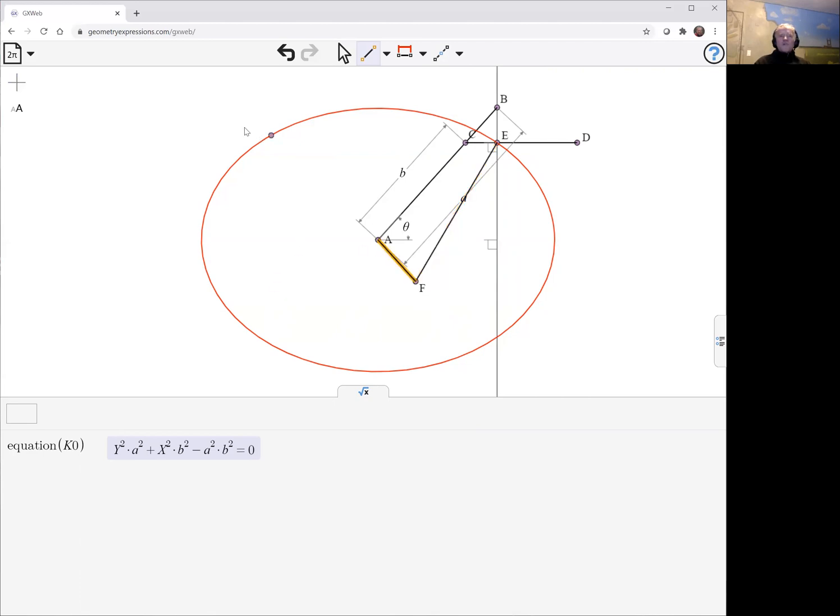So I've got an auxiliary mechanism here with particular lengths, this length being (A plus B) over 2, and this length being (A minus B) over 2.